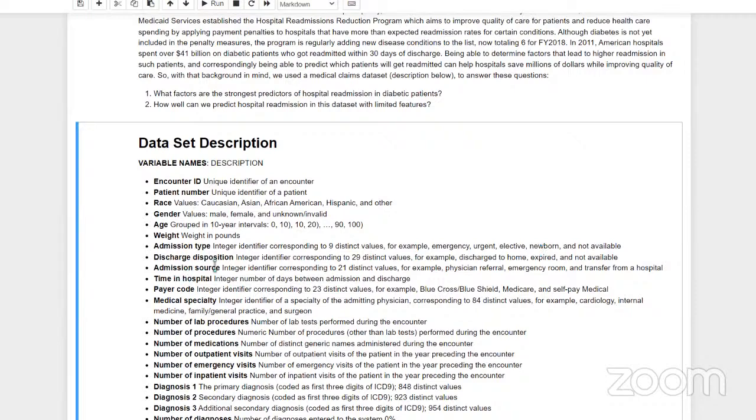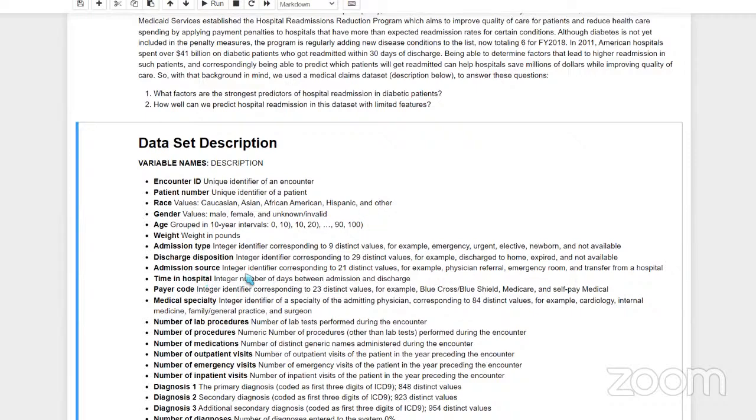Similarly we also have discharge disposition, which is also given an integer identifier, where we have 29 distinct values, like discharged at home, expired. Admission source, here also we have 21 distinct values, like physician referral, emergency room, transfer from a hospital.